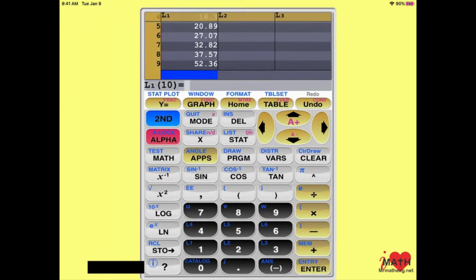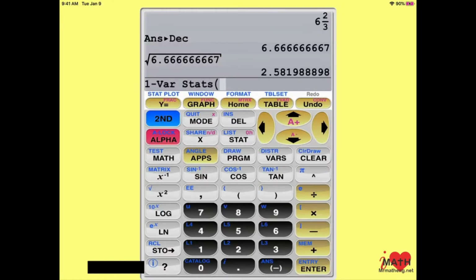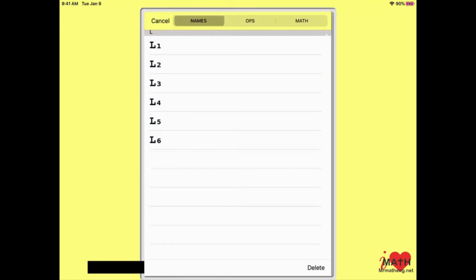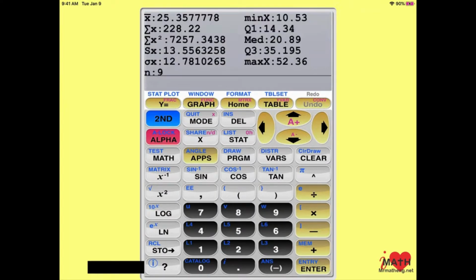So now I have them in L1, so I'm going to press Stat. I'm going to move over to Calculate and 1-Var Stats. And I need a list here. To get this list, it's next to the left arrow, so I'm going to press Second Stat and click L1. Okay. Ta-da! My average is $25.36. You see an x bar on top left there.